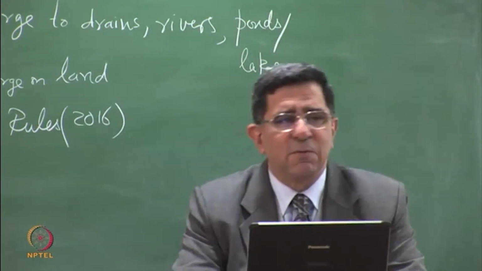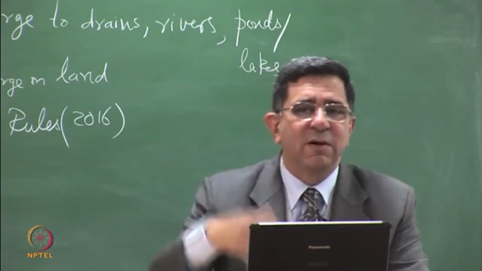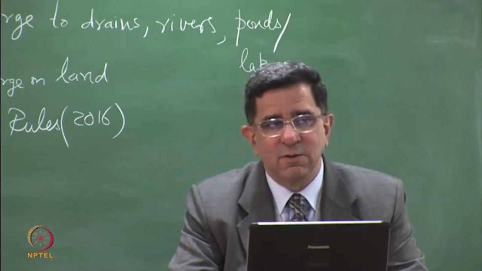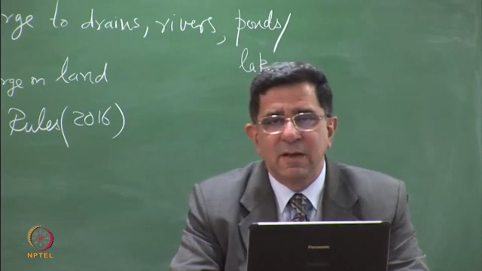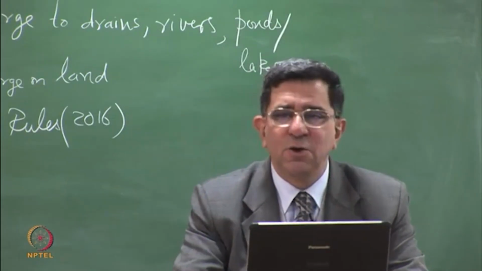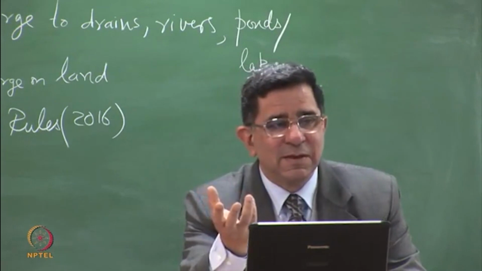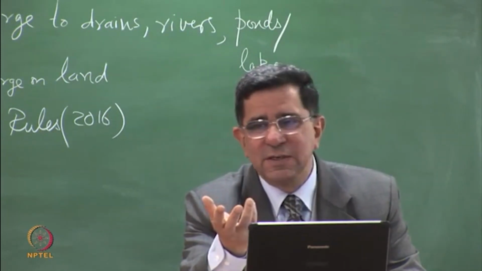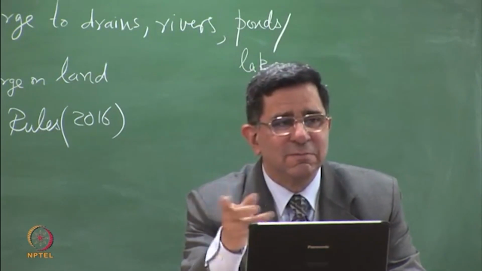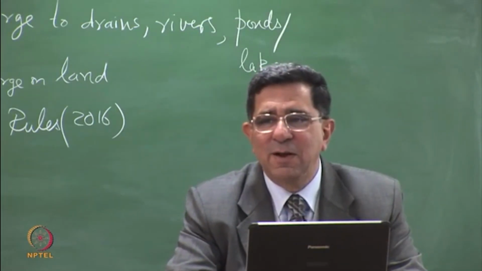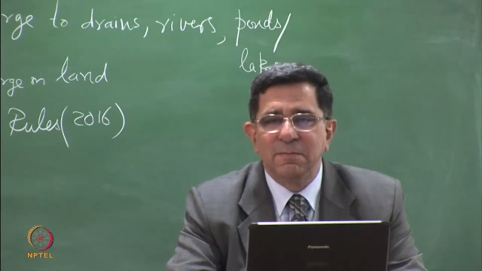There are two cycles which I perform at a very rapid rate, which simulate what happens outside very slowly. Would you have any idea? I give you a concrete sample, a new concrete sample. I say I've made this new material. Can you check for me whether it will last for 15 years, or will it disintegrate in 15 years? So how can you do a test in the laboratory?